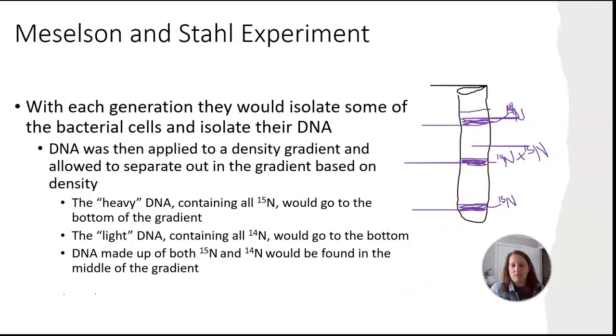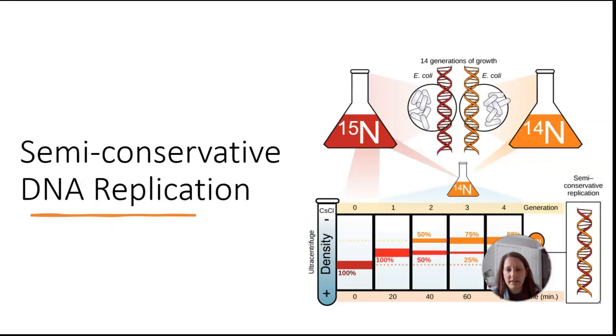So we kind of have a basic understanding of how a density gradient works. It's going to separate DNA on the basis of density. So heavier DNA is going to go to the bottom, lighter DNA is going to go to the very top, and DNA that has a mixture of light and heavy is going to end up in the middle. So let's look at their experiment.